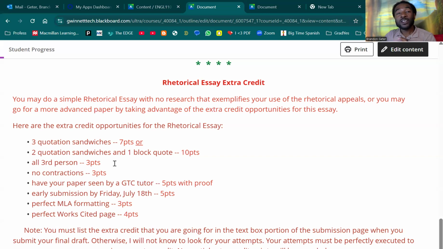If your essay is in all third person, this means third person pronouns. First person pronouns, if I'm writing or speaking, it's any pronoun that includes myself, me. So I, me, my, us, our, ours, we. Second person pronouns is anything that includes you. If I'm speaking, anything is you.